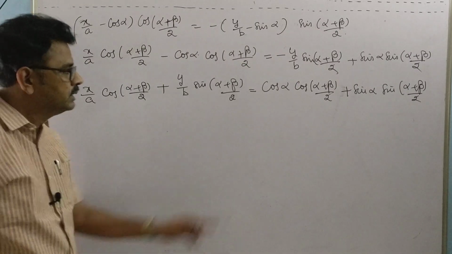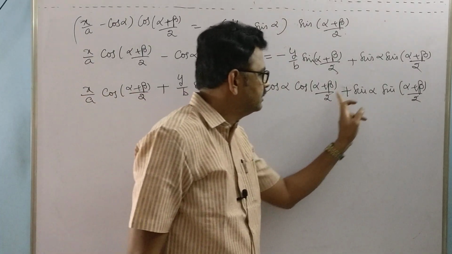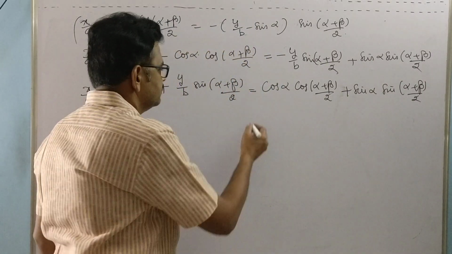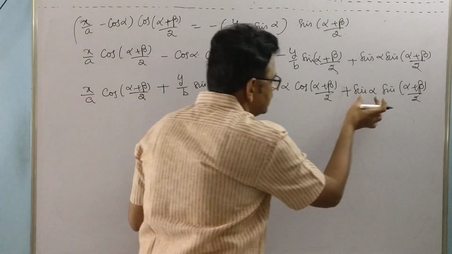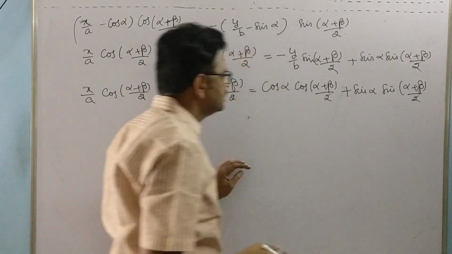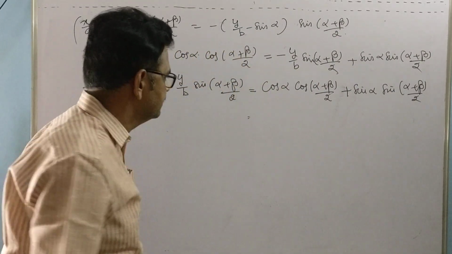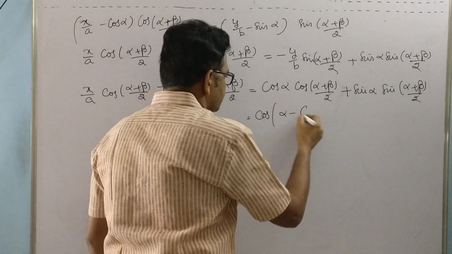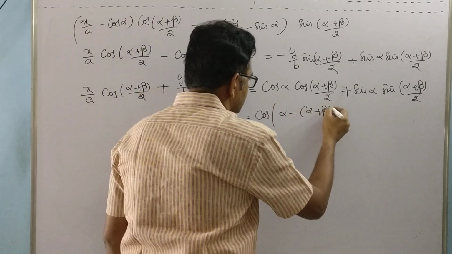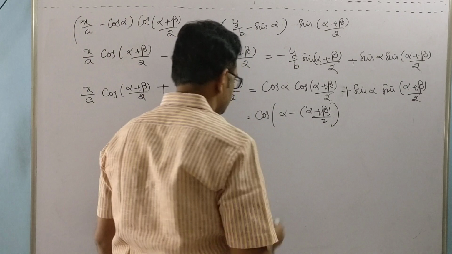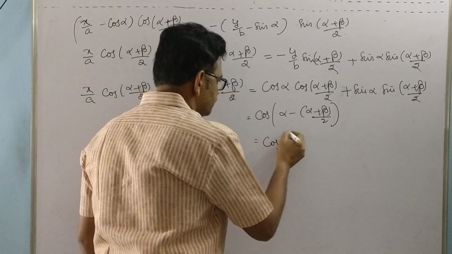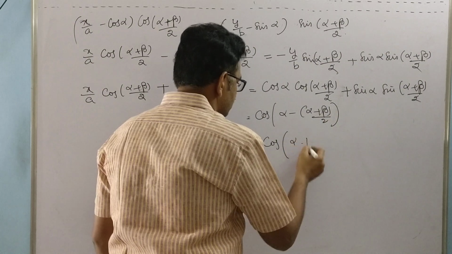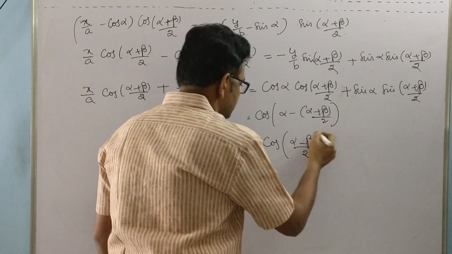Now this is the cos A cos B plus sin A sin B form, which is cos of (A minus B). So this is cos of alpha minus (alpha plus beta) by 2, which equals cos of (alpha minus beta) by 2.